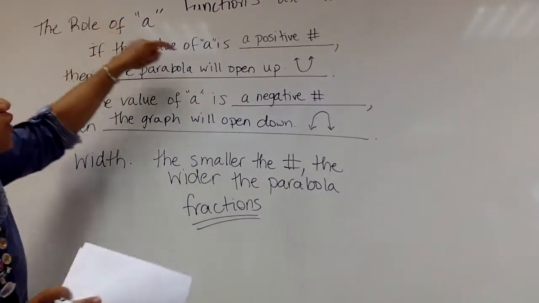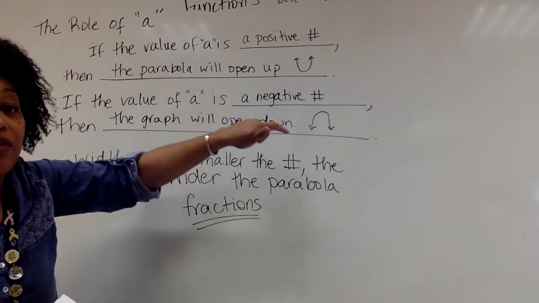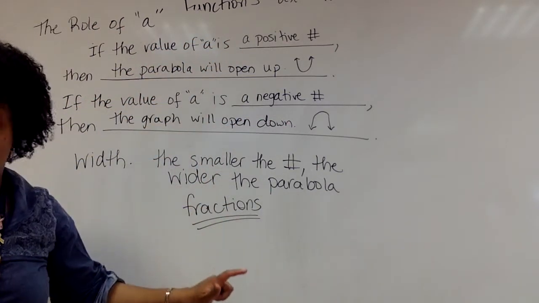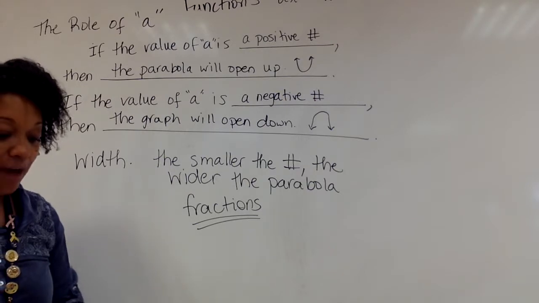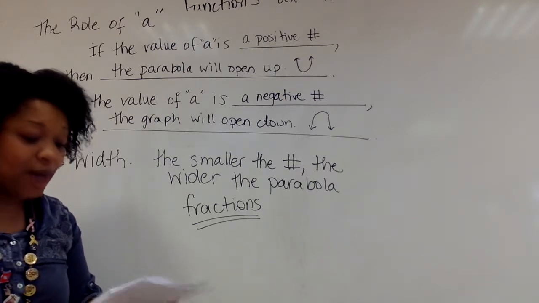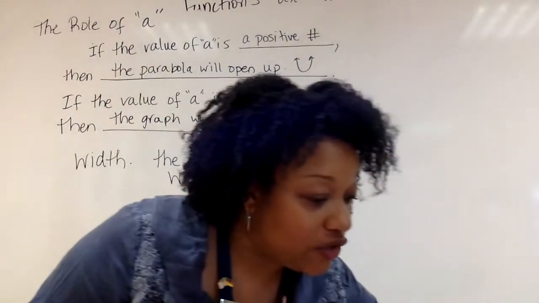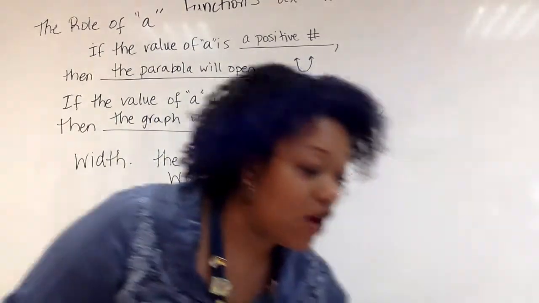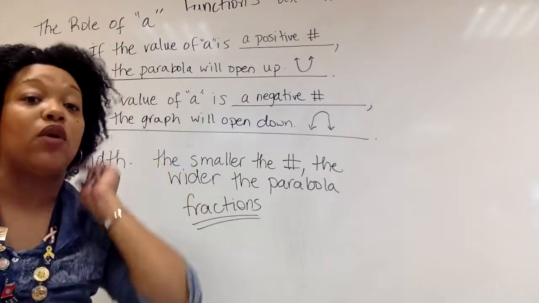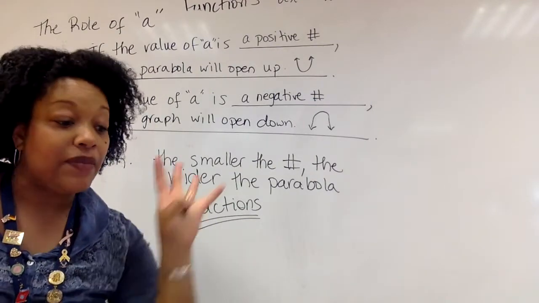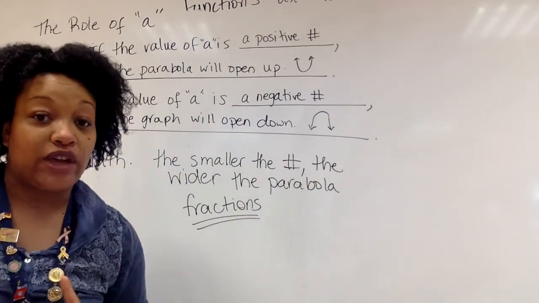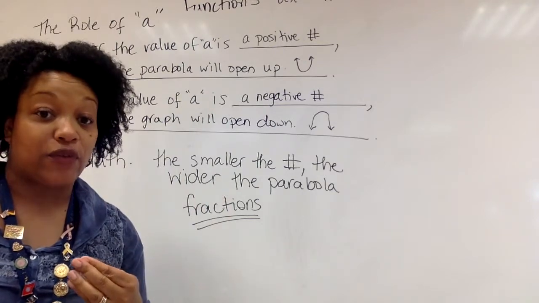The A tells you if it opens up, if it opens down, and how wide it is. Now, I'm going to give you some information that I want you to answer the questions. If I'm teaching this in class, I'm going to give you these two functions, and you got to answer the questions before I do.